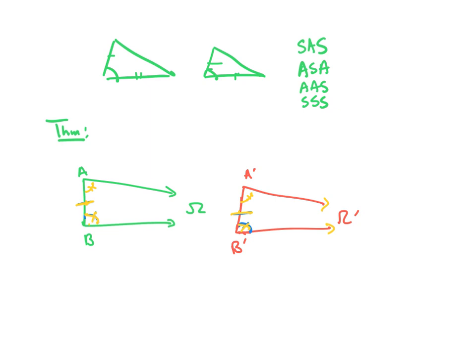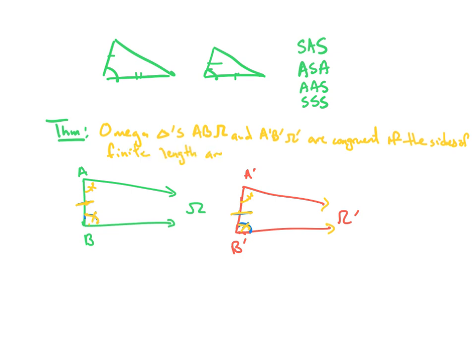Okay, so the theorem here is that omega triangles AB omega and A prime B prime omega prime are congruent if the sides of finite length are congruent. In other words, AB is congruent to A prime B prime.